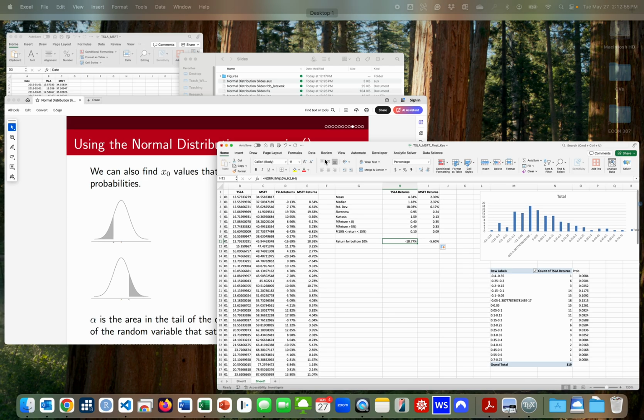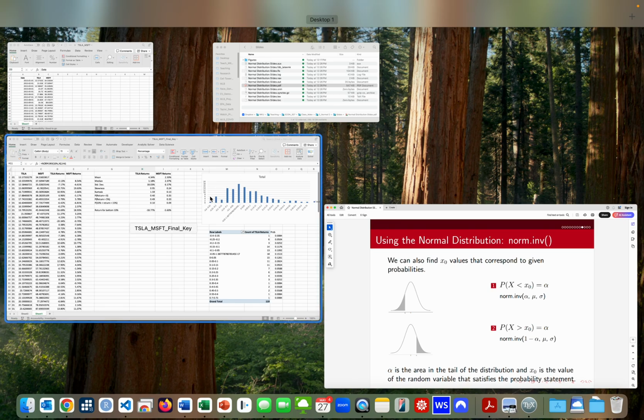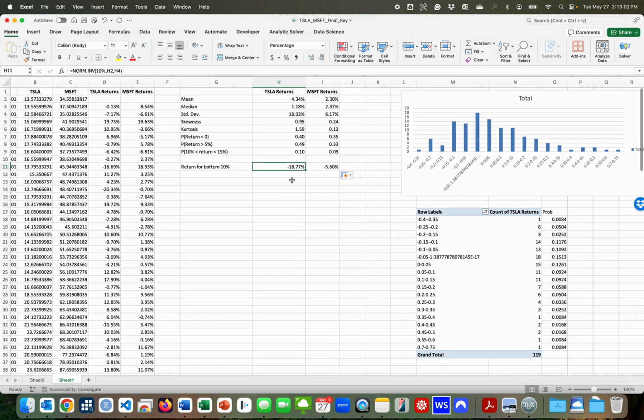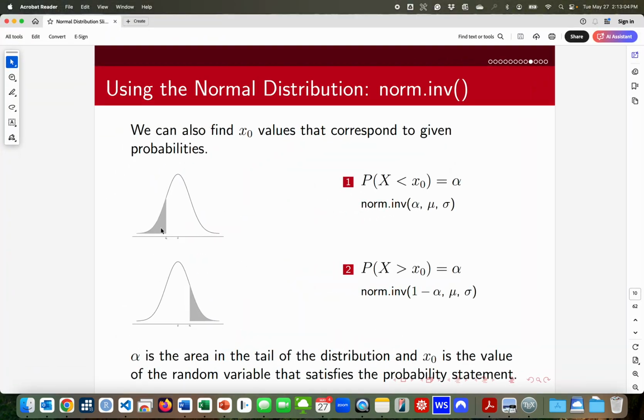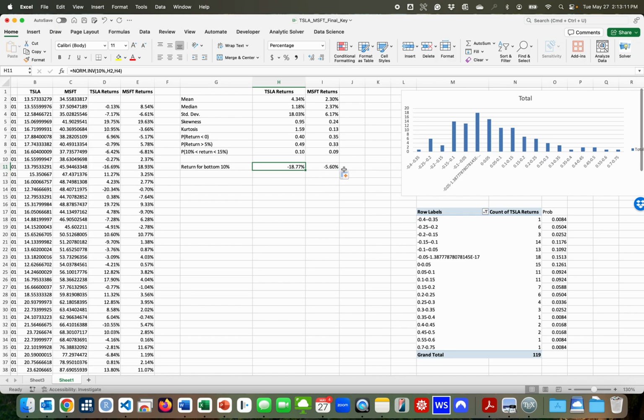Visually, this x naught for Tesla would be negative 18.77, and the area that you see shaded right there would be 0.1. And for Microsoft, that area would still be 0.1, but that would correspond to an x value that's negative 5.60, which is what we would expect since Microsoft has a much smaller standard deviation. We would expect those extreme negative values to occur with a lower probability.